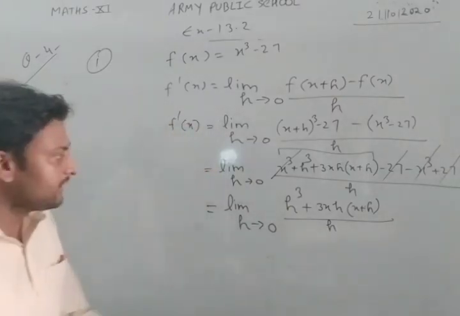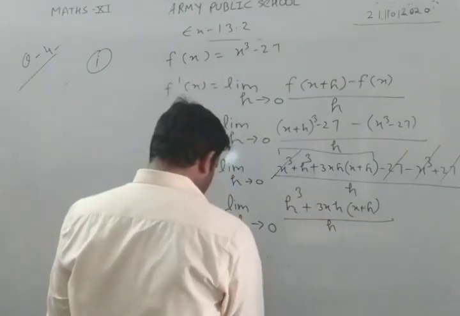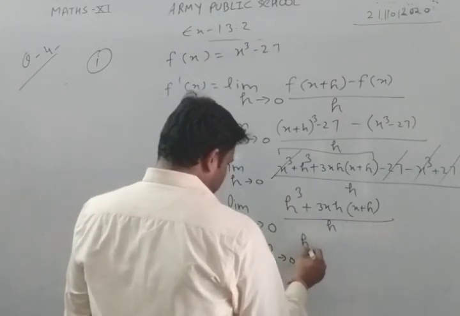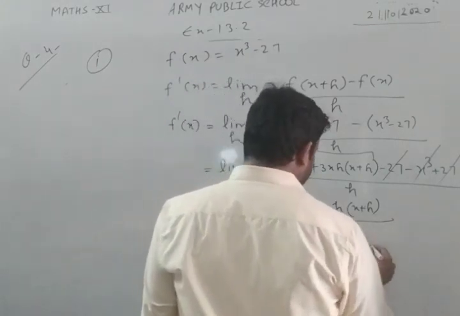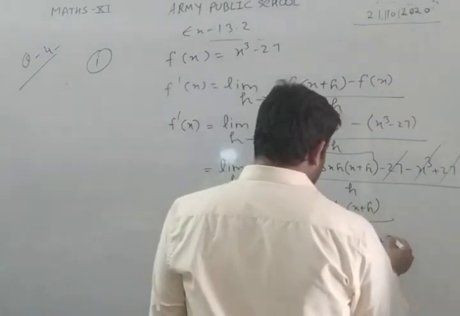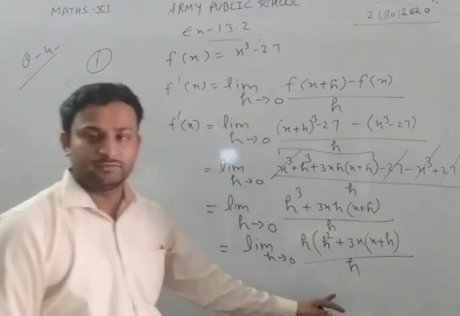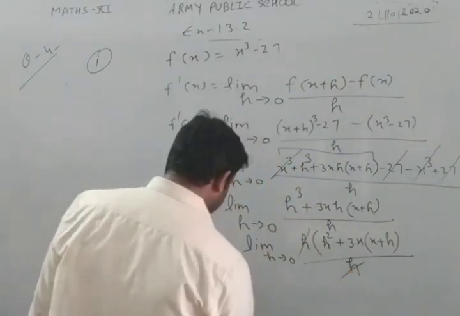Now what we are getting, here is h and here is h. H is common, so we write h outside: h square plus 3x(x plus h), divided by h. Okay, so h and h cancel.